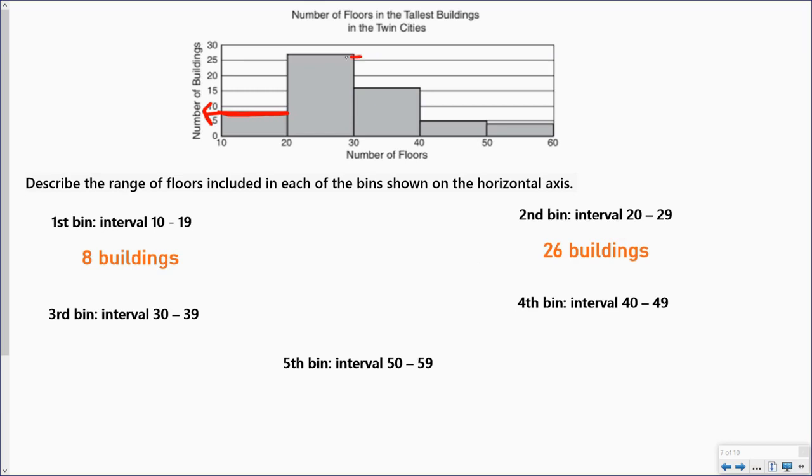And again, the top one is cut off here at 26, and that's representing the number of buildings. Third bin, 16, because again, the bin stops at 16, and that represents the number of buildings. Fourth bin has 5 buildings, and the sixth bin has 4 buildings.